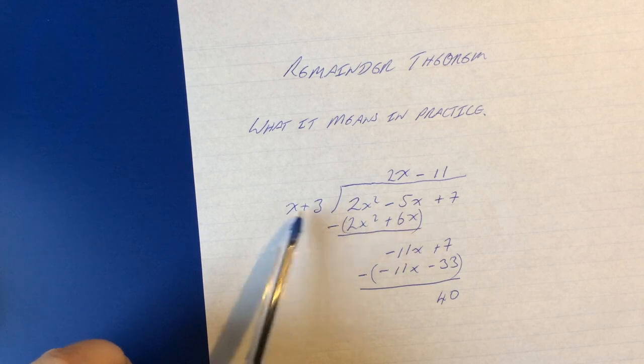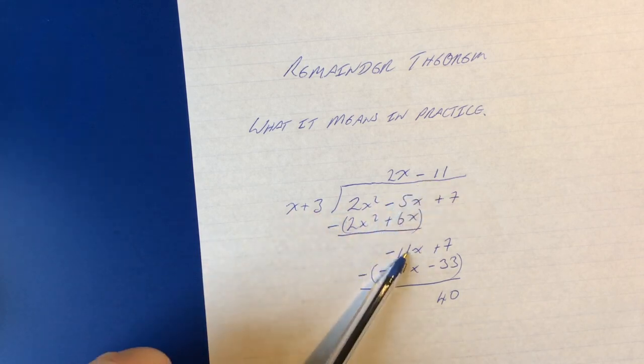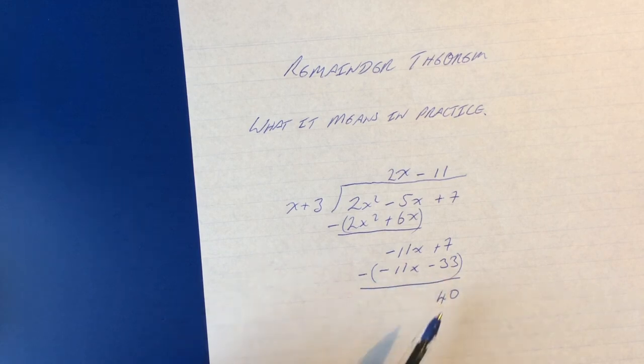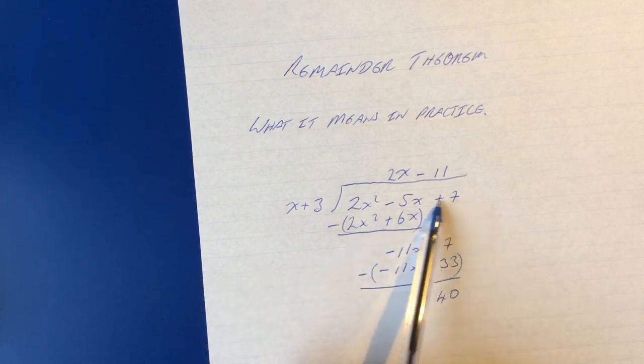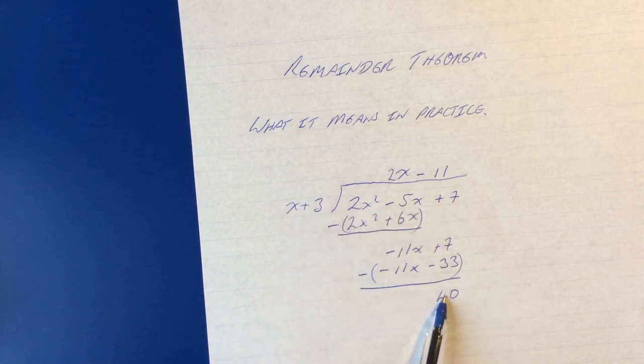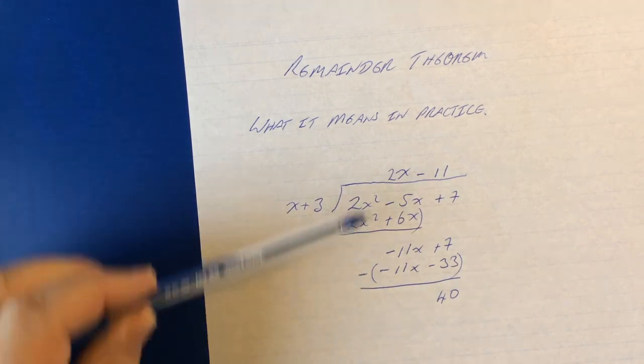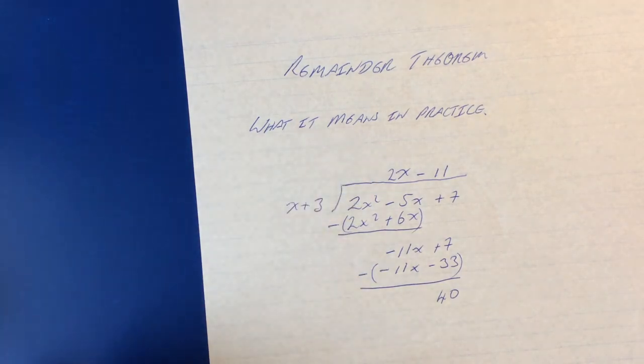We multiply x plus 3 by negative 11 to get rid of this, and after we do our subtraction we're left with 40. The remainder, when we divide this by this, is 40. Now, imagine for instance that you have a cubic or a quartic and you're asked to do the long division of that. That's quite a bit of work.